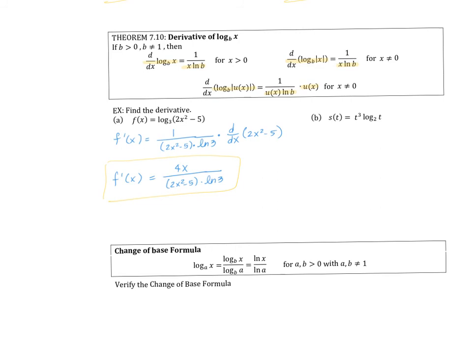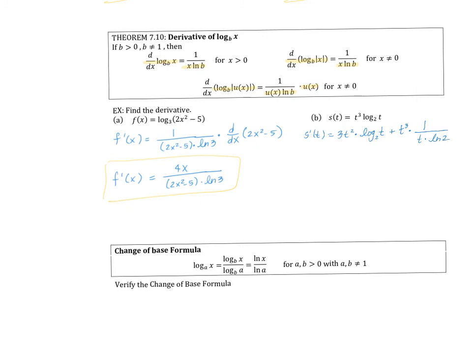s of t is equal to t cubed times log base 2 of t. When I take the derivative here, I need to use the product rule. So my derivative is going to be, I'm going to take the derivative of t cubed, which is 3t squared, and log base 2 of t stays the same, plus t to the third stays the same, times the derivative is going to be 1 over the argument times natural log of 2.